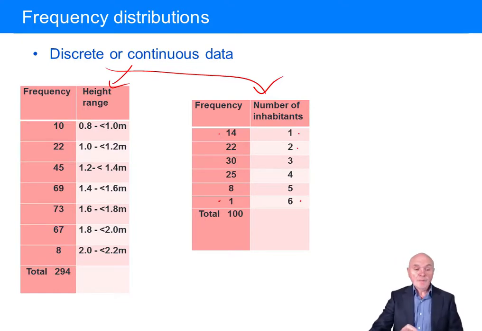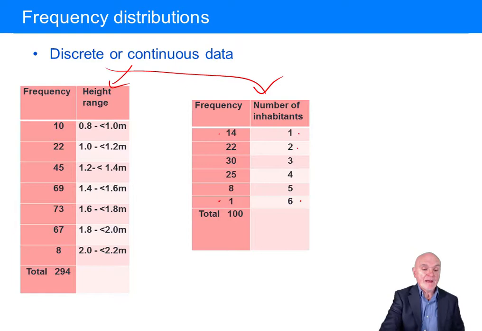The way this has been grouped here is we have what's called equal intervals. So each of them, the jumps in here, is 0.2 of a meter. So we have equal intervals. It doesn't have to be equal intervals.